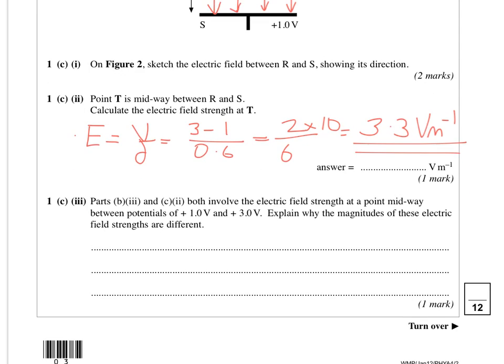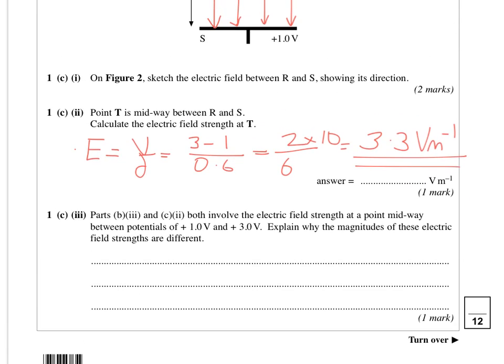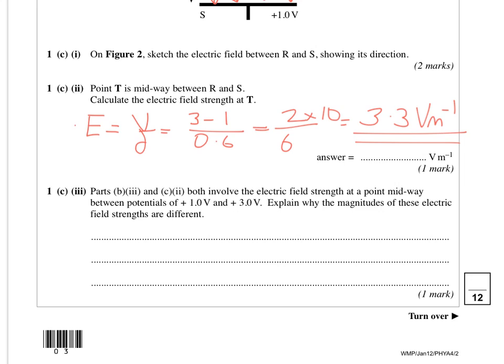So let's scroll down and look at the last one. Parts B3 and C2 involve electric field strength midway between potentials of 1.0 and 3.0 volts. Explain why the magnitudes of these field strengths are different.